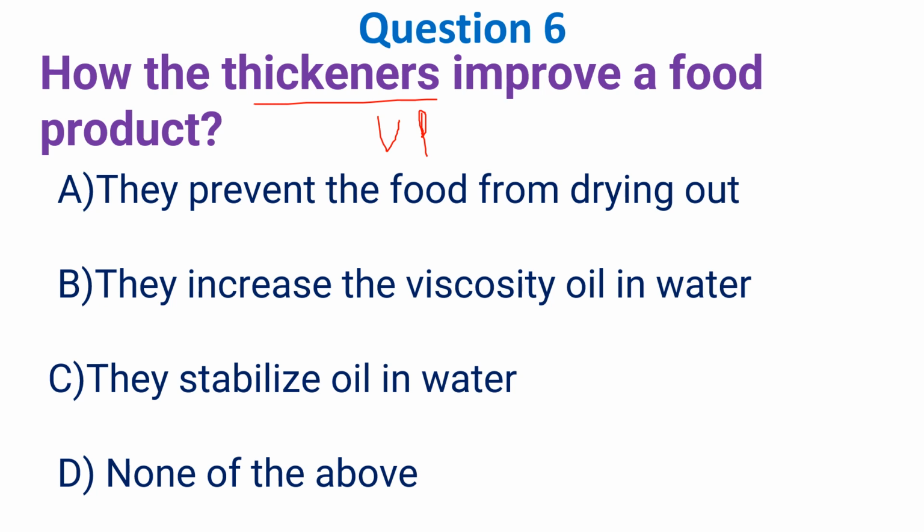Thickener is used in oil to increase the viscosity of oil so that it will not be running and without break down easily at high temperature. This is a use of thickener in oil.